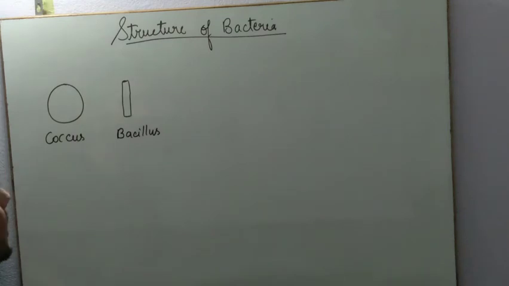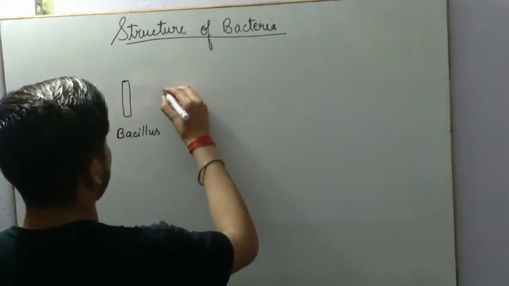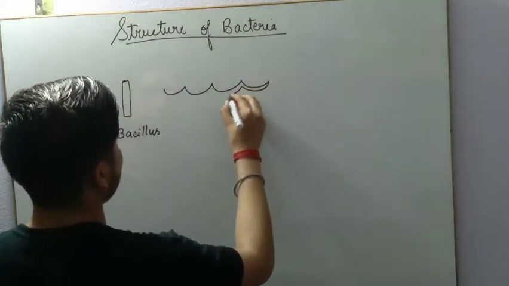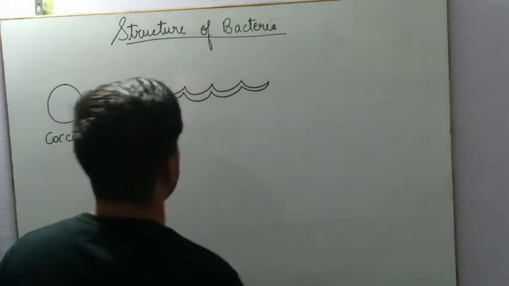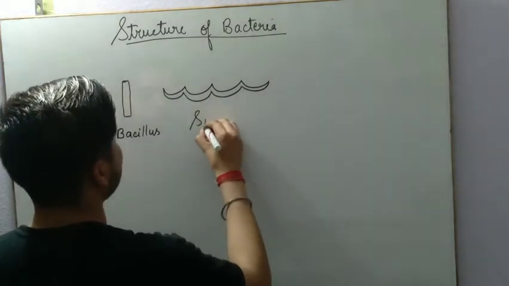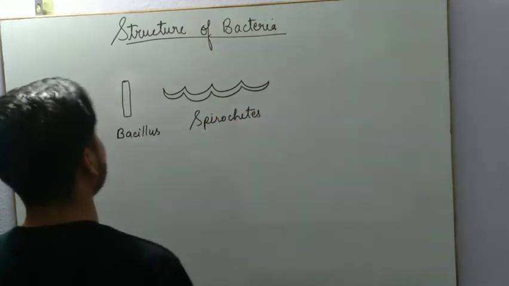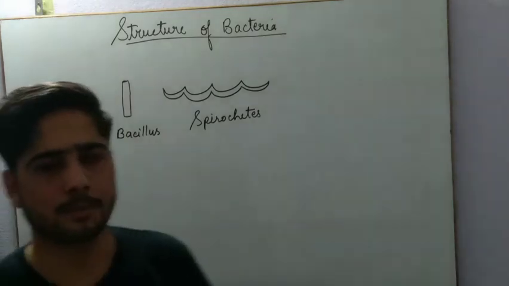And if the bacteria have a structure like this, then that is called spirochete. And these types of bacteria also have subtypes.